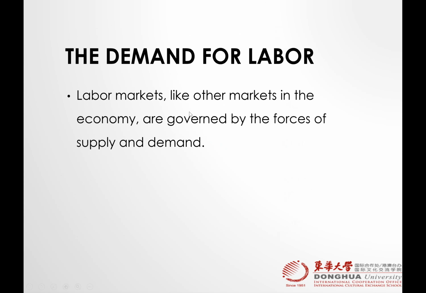The demand for factor of production is derived demand. Labor markets, like other markets, let me explain. The factors of production are all the inputs that are used to make final goods and services.